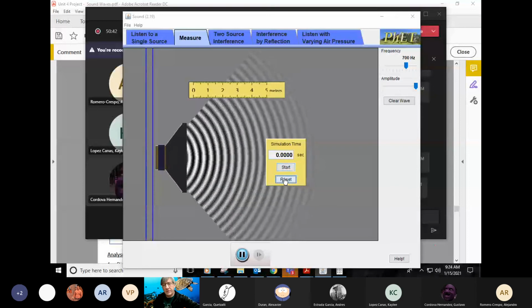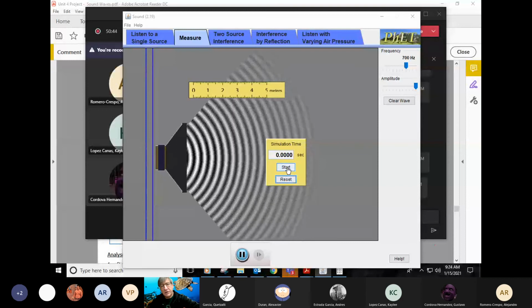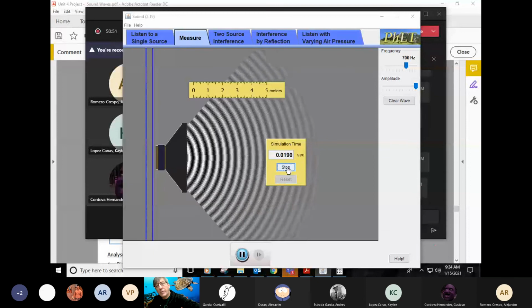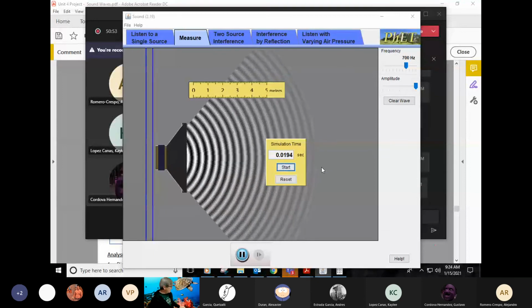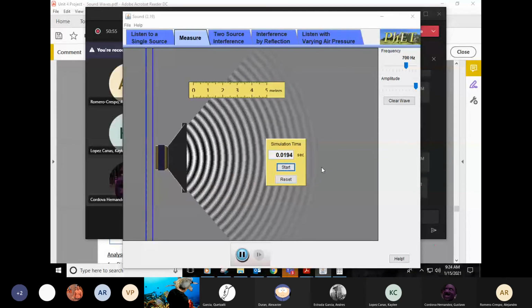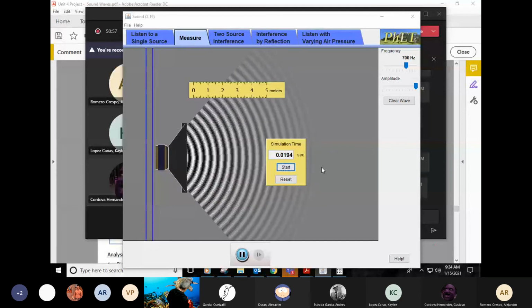And here we go for the third trial on 700 hertz. 0.0194.